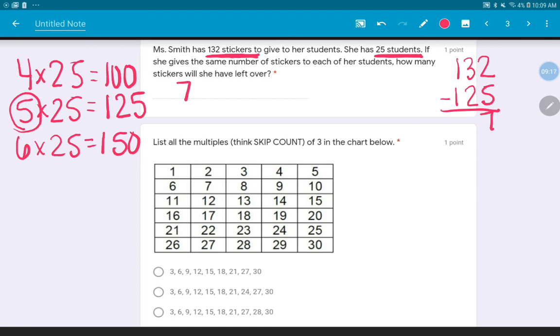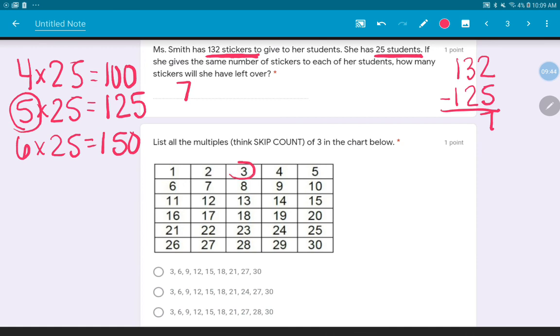All right. The last 2 were something we haven't done before. We're listing the multiples of 3 in the chart below. So when you're finding multiples, you're saying 3 times 1 is 3, 3 times 2. It's all the numbers that can be multiplied by 3, or all the products when you multiply by 3. So you're basically skip counting.